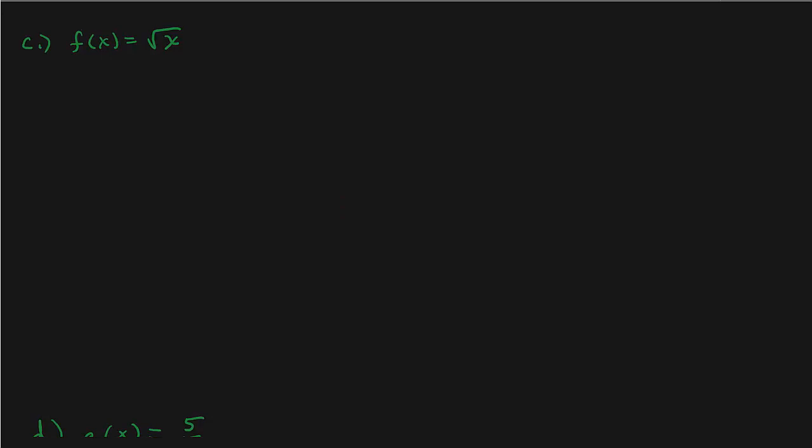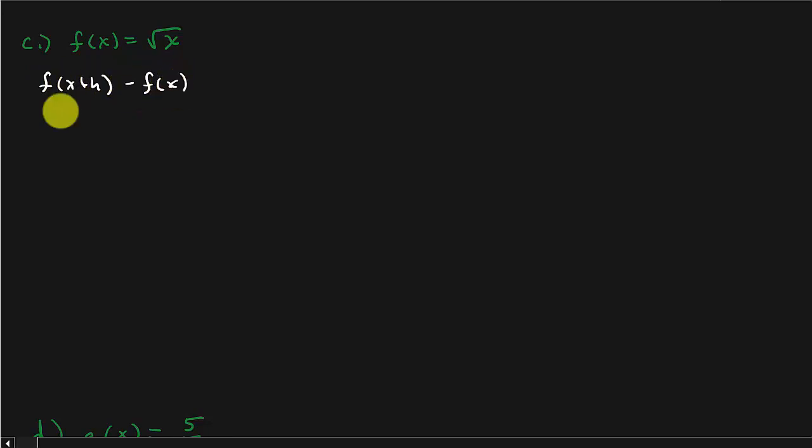All right, so now we've got square root. And so I want to find f of x plus h minus f of x, all that over h. Okay. All right, so let's see what we get.